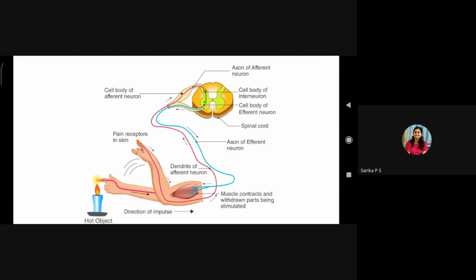That sensory nerve is coming to the dorsal root of spinal cord, and the relay neuron inside the gray matter is processing the information, and it is transferring to motor neuron, denoted by sky blue color. Now this motor neuron is coming to bicep muscle, and this bicep muscle is contracting and flexing the hand from elbow. Okay, so this total action is known as reflex action.